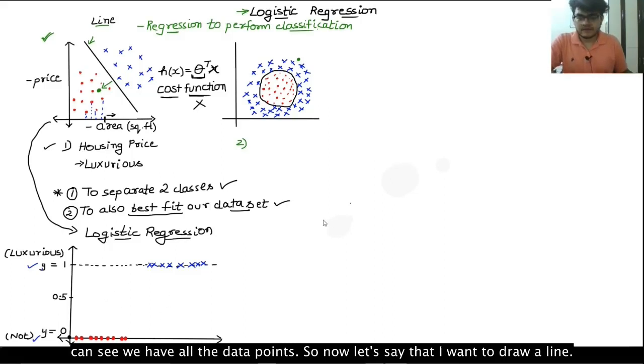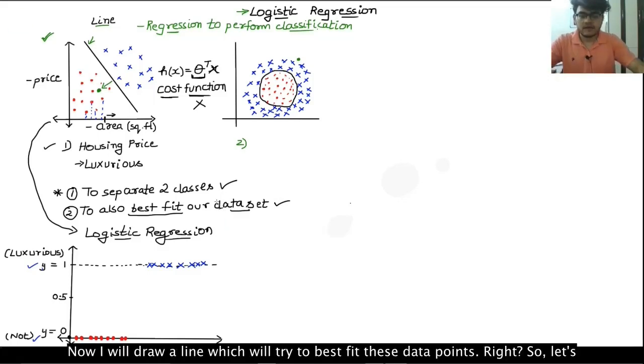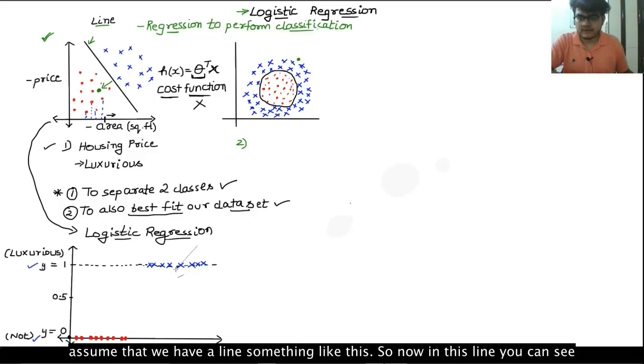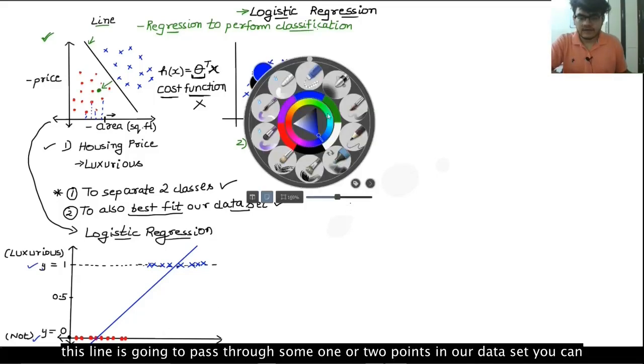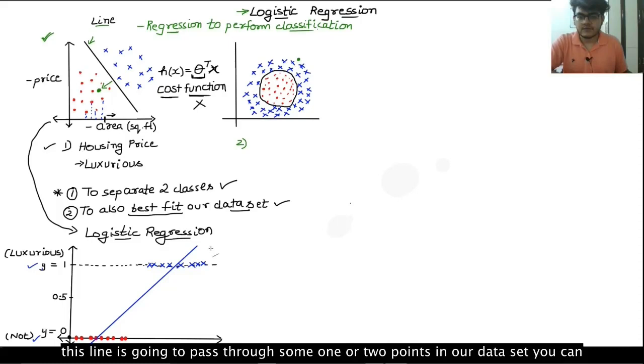So now let's say that I want to draw a line. Now I will draw a line which will try to best fit these data points, right? So let's assume that we have a line something like this.